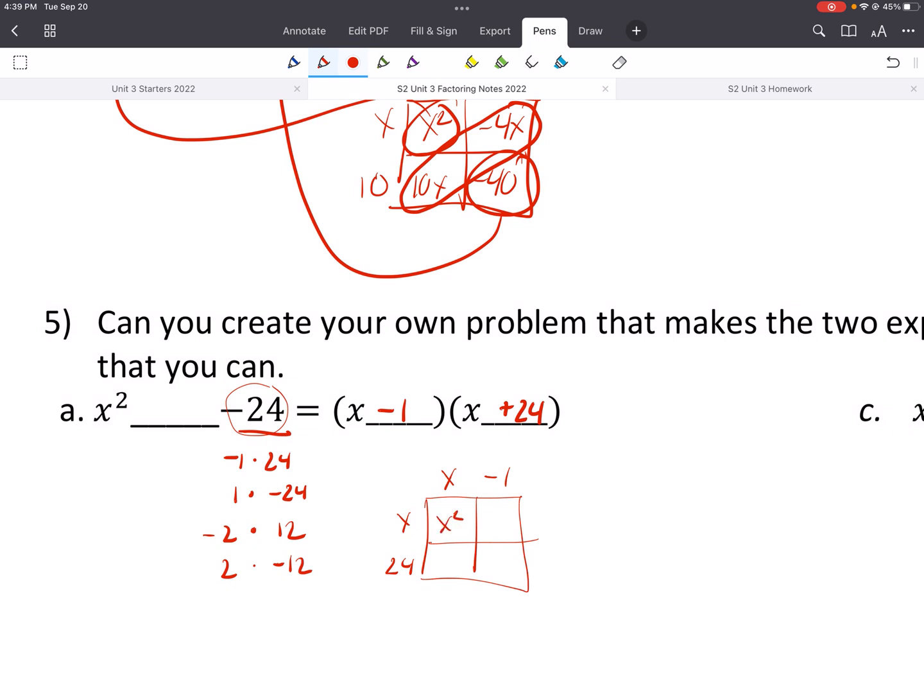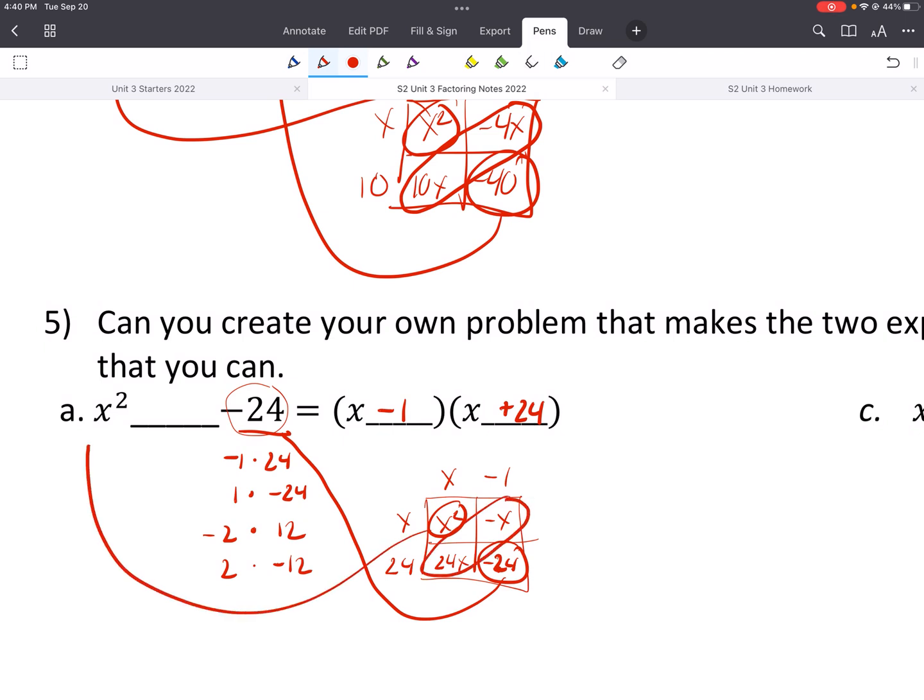So we get x squared and negative x and 24x. And then what? Negative 24. Okay, so again, we see that already. We already have that x squared. We just need to combine like terms. Okay, and we get 23x.